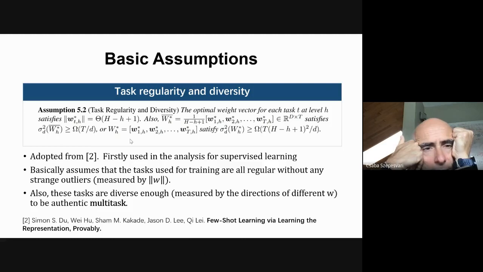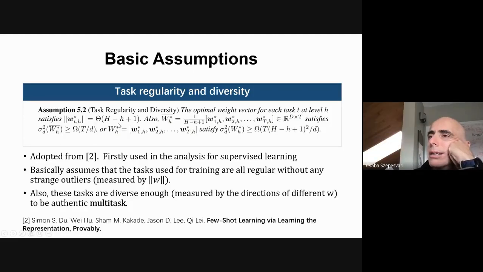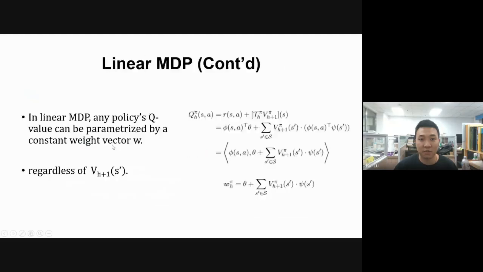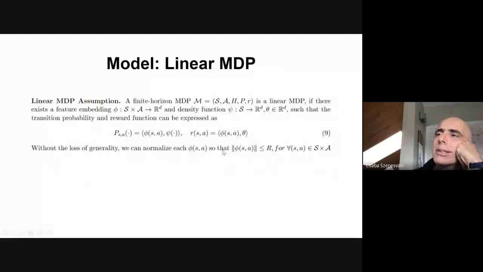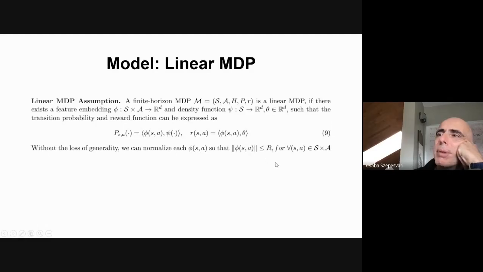So I guess the norm of the output of the phi is constant bounded. So actually it doesn't matter, that's an assumption. In the linear MDP, we assume the output is constant bounded. You make that part of the definition of the linear MDP.